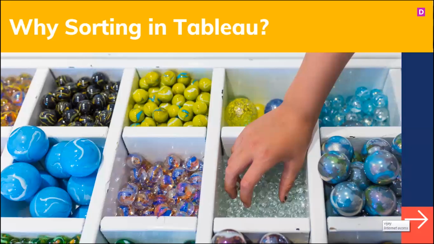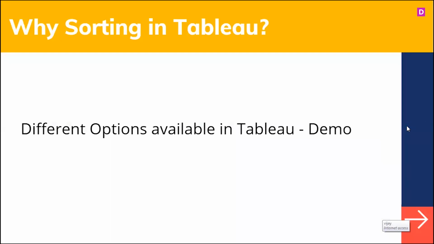So that's the idea of why we have sorting in Tableau. Tableau is not going to restrict you to the traditional way of sorting. This is something which has been applied over the visualization, so it will help you to derive the insights through the visual results. As far as Tableau is concerned, sorting can be done on multiple measures or multiple dimensions.